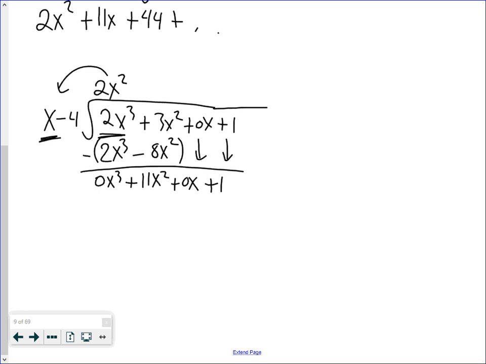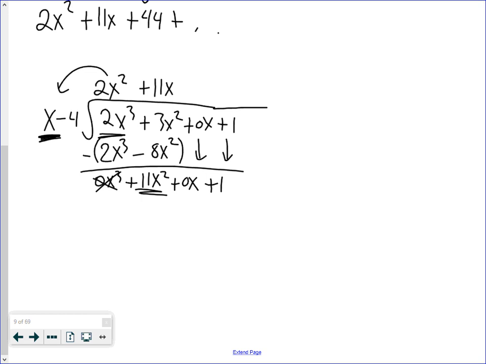Now we're going to do the same thing again. We're going to see how many times x goes into 11x squared, since that 0x cubed just goes away. X goes into 11x squared 11x times. Or in other words, 11x times x gives you 11x squared. And we'll do the same thing. Multiply x minus 4 with 11x.